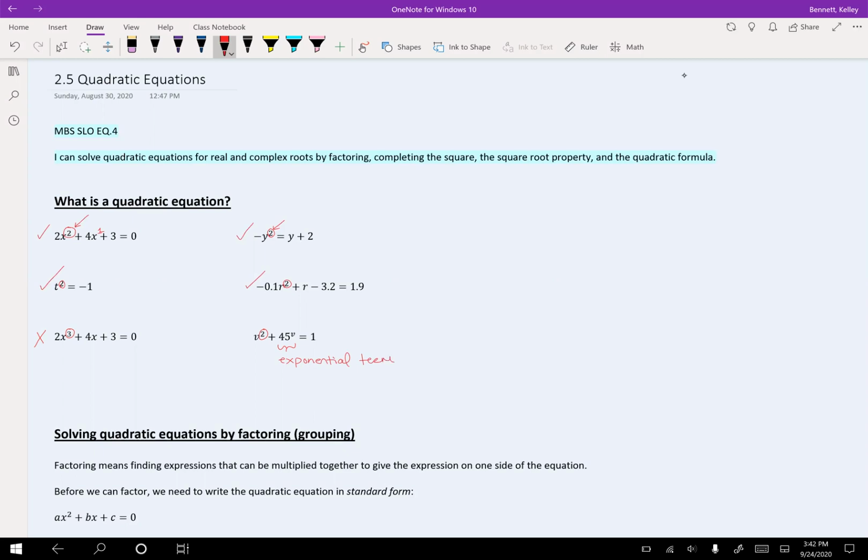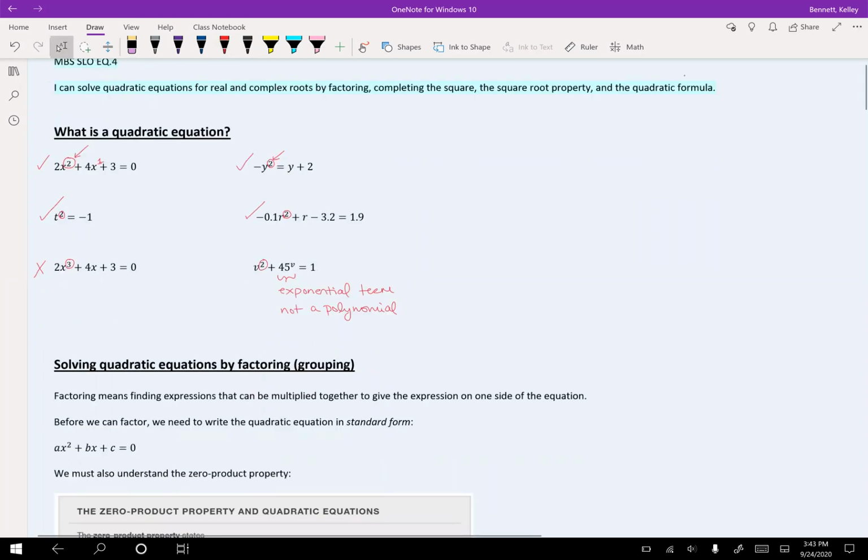So this is not a polynomial, and therefore this cannot be a quadratic equation. So quadratic equations are first and foremost polynomials, and then we just have to restrict the degree to 2.